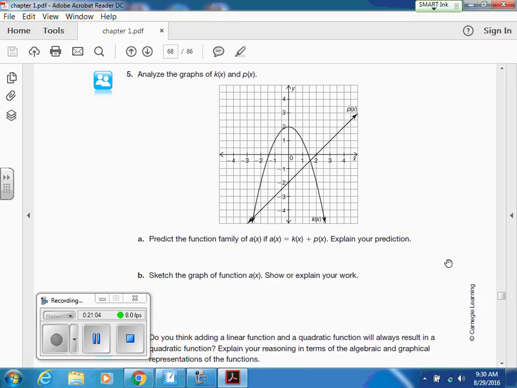So if you think about what makes the function, am I changing, by adding these together, the power of that x squared at all? No, because does adding change powers? No, it doesn't. Adding makes things bigger or smaller, move them around, whatever, but it's not going to change the power of anything. So it's going to be a quadratic.